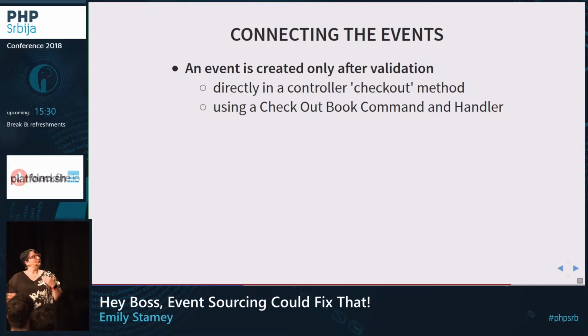You can do it directly in your controller method. Once you've done your validation, you can create a new version of that event class. You can also do it using commands and handlers.